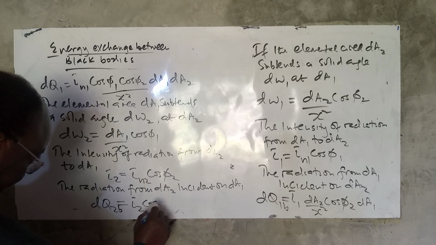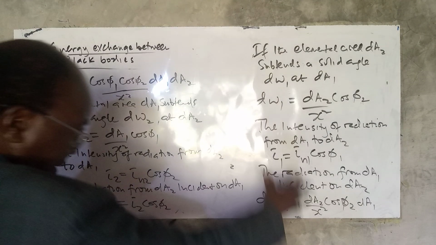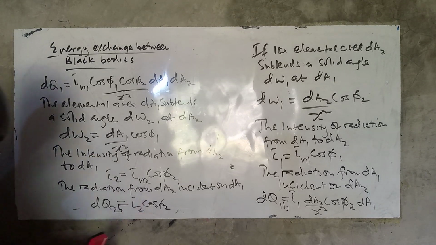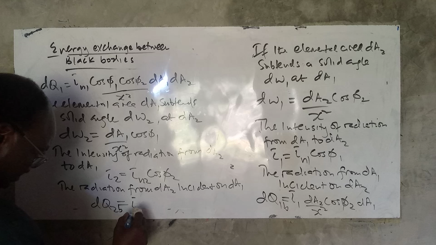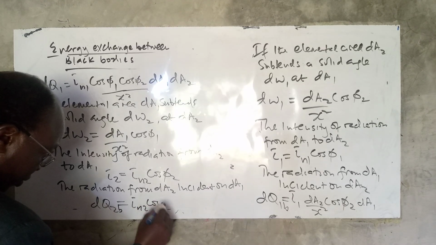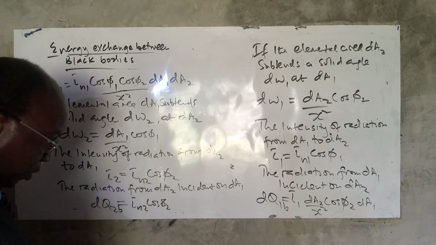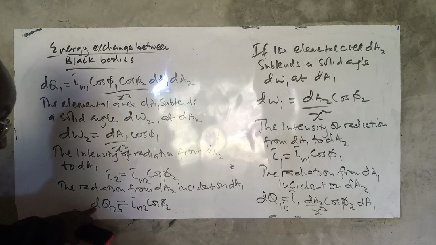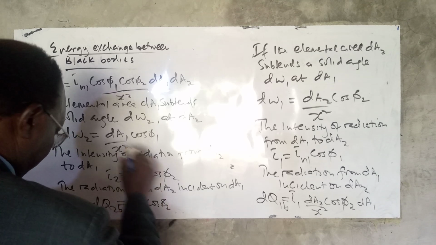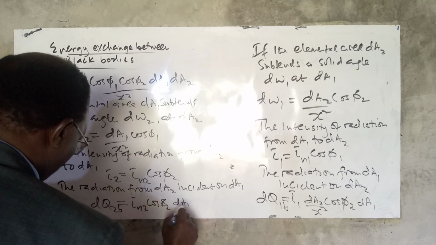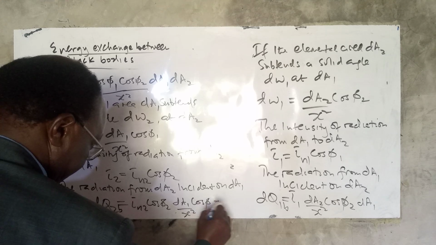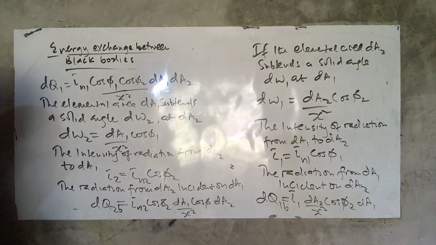So we now just substitute directly because we're just repeating the same process. For I2 we have IN2 cos phi 2, then we have dA1 cos phi 1 over x squared, dA2.